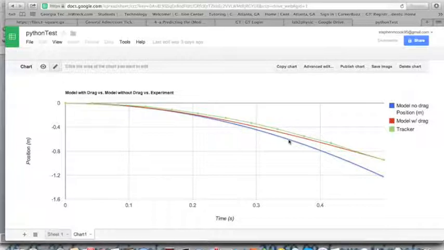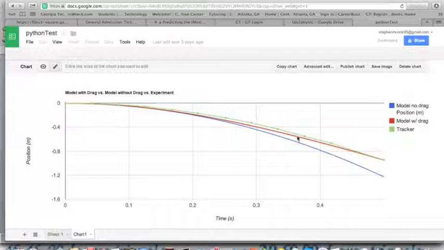The blue line is the model with no drag, and as expected, that predicted a much higher velocity than I observed. That's because there was no drag to counteract the force, so the velocity was higher.